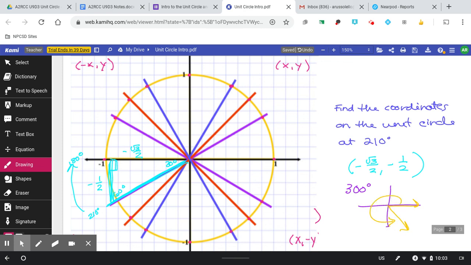That's 300 degrees. So the rest of this must be 60 degrees to get to the 360. So that means that the reference angle is 60, this is 30, this is 90, which means this is 1/2 and this is radical 3 over 2, but it's negative in this quadrant. So the answer is going to be 1/2, negative radical 3 over 2. Okay, that's how you find the coordinates. Good luck with the practice.